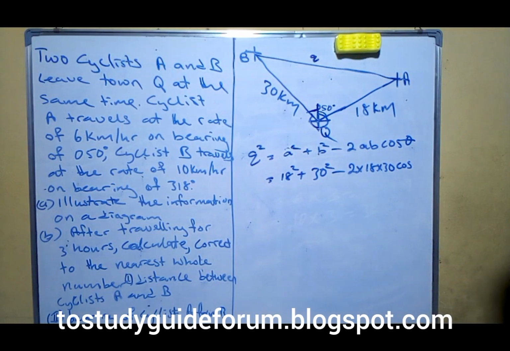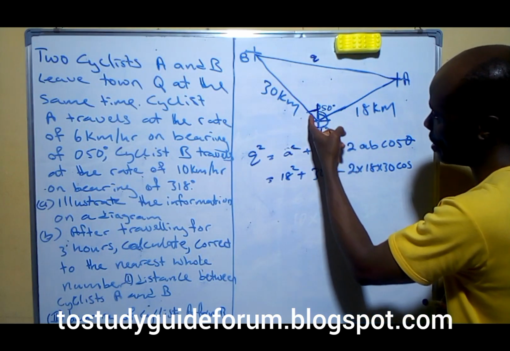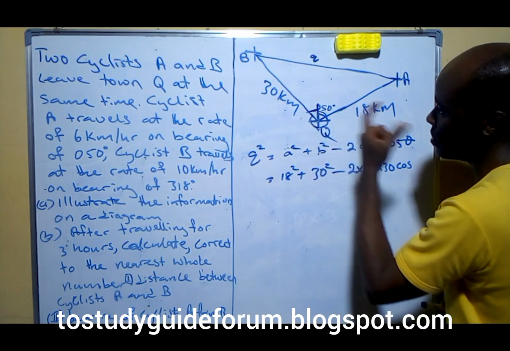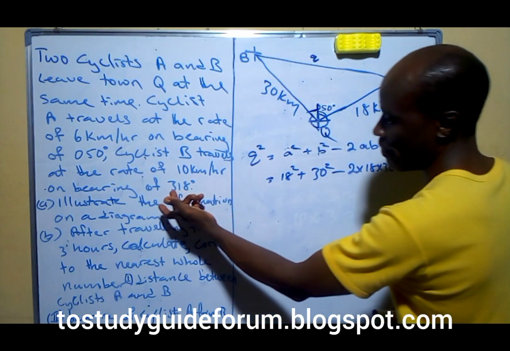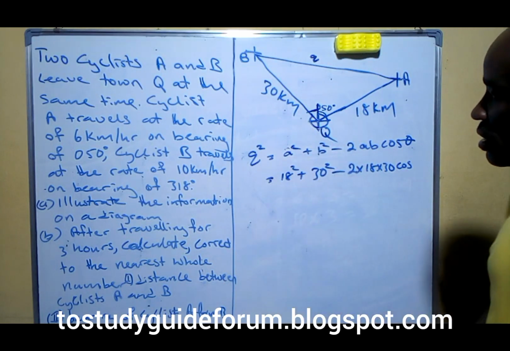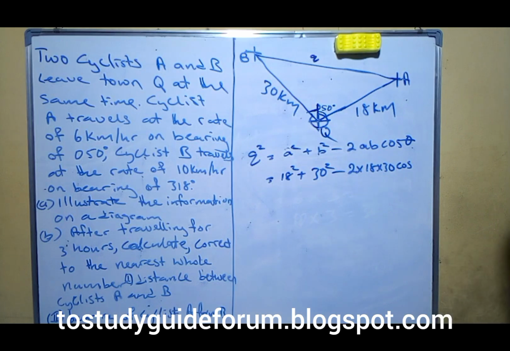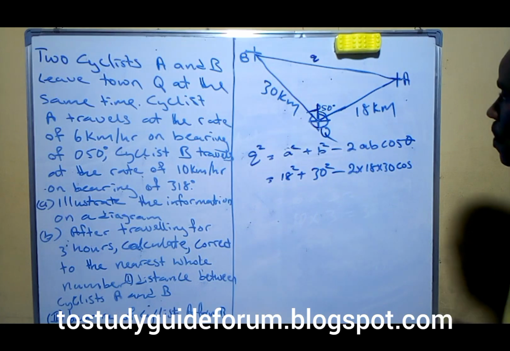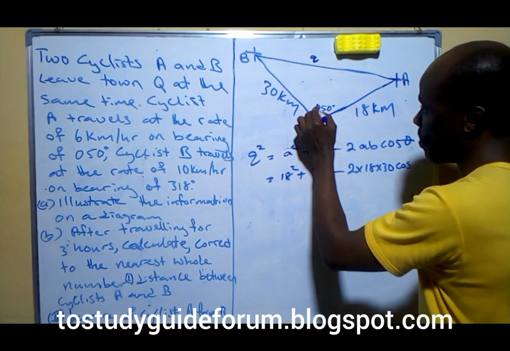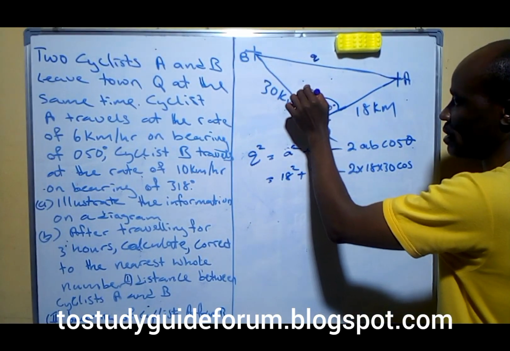We have 318, so something is remaining. To get this gap, we subtract from 360.